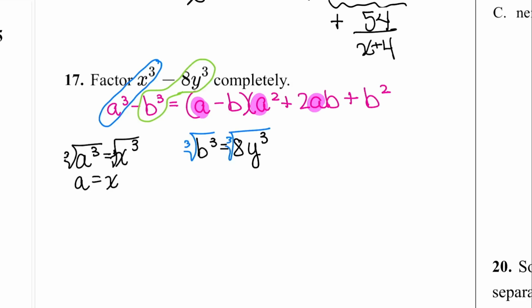The cube root of 8 is 2, and the cube root of y cubed is just y. So we are going to replace every b with 2y. So let's go ahead and write this out. We're going to have x minus 2y. Cube root of 8 is 2.